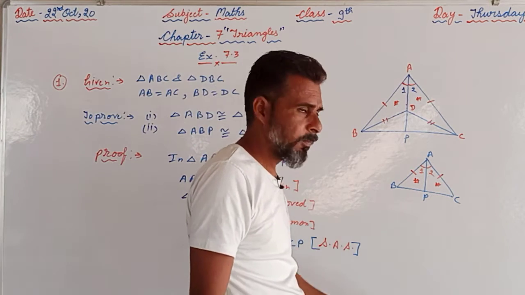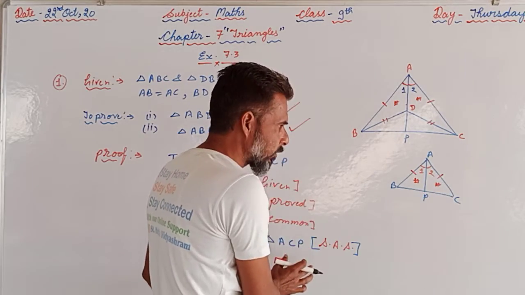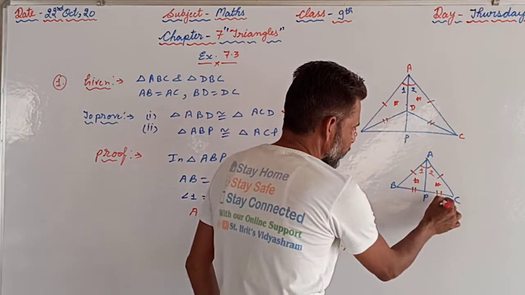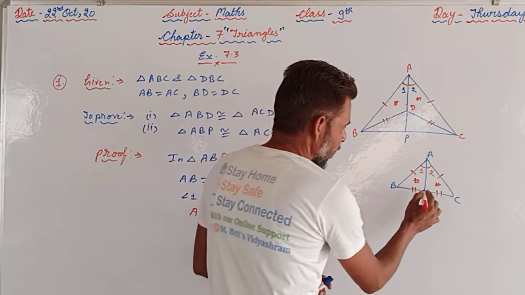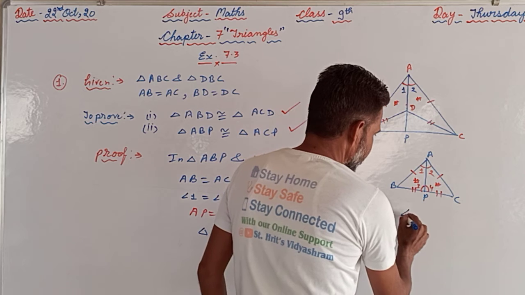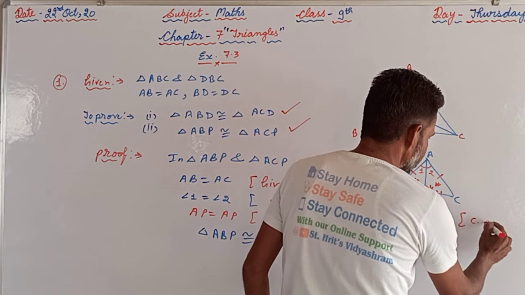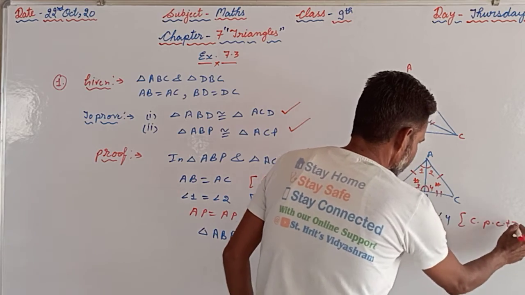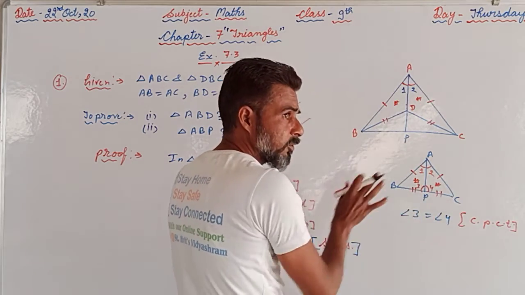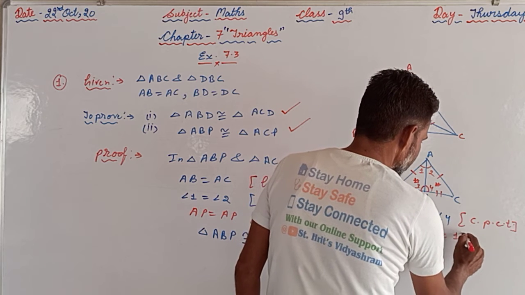AP is the perpendicular bisector of BC, means if these two triangles are congruent, which we have proved already, this side will be equal to this side, so this is the bisector, and this angle will be equal to this angle: angle 3 is equal to angle 4 by CPCT. But their sum will be 180 because these are linear pair angles. Angle 3 plus angle 4 is equal to 180.